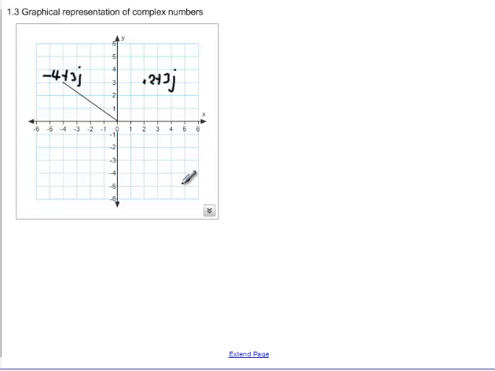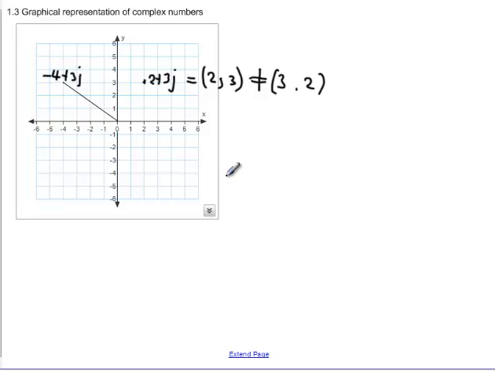Presented graphically in a system of coordinates like this, I can interpret it as a vector, I can interpret it as a point, I can even interpret a complex number as an ordered pair of numbers. And this pair is not the same pair as 3, 2.